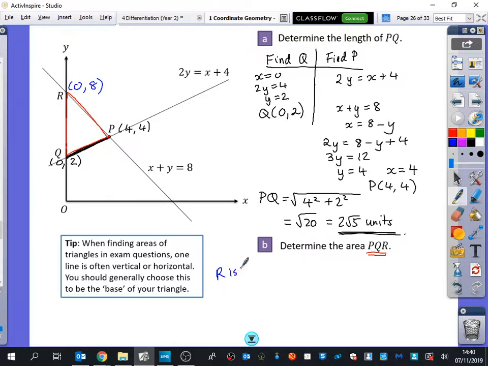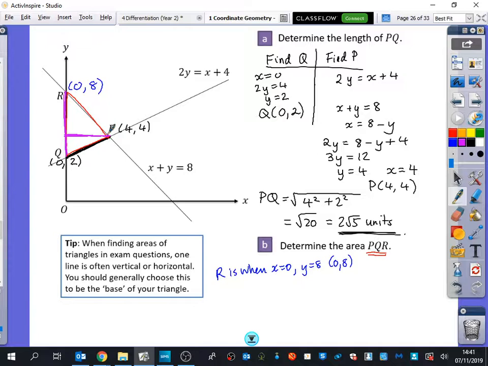R is x 0, y 0. Six divided by 2. The next thing, yes, this is the base, the height of the triangle, right?